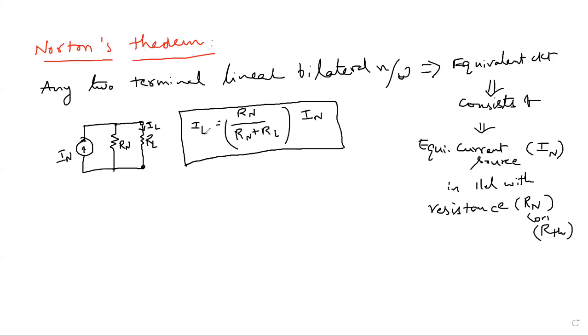Now, in order to calculate this load current, we need to calculate Rn, RL, and IN. So now the procedure to calculate IN. Note down. Procedure to calculate IN. We know the procedure to calculate VTH and the procedure to calculate RTH, right?